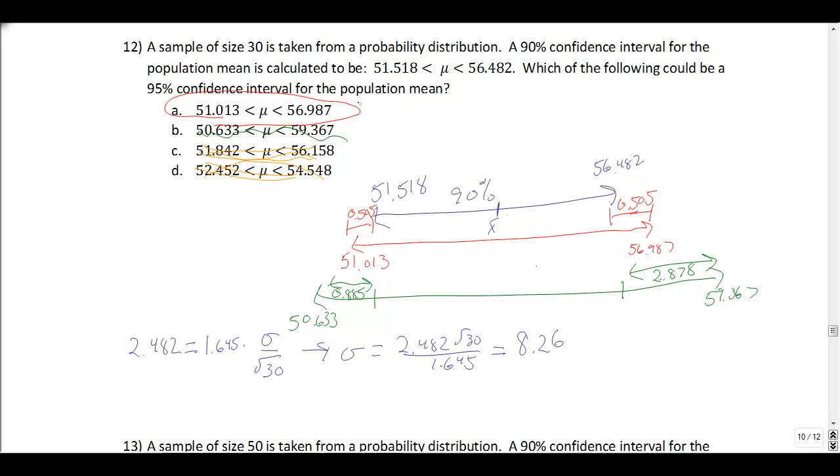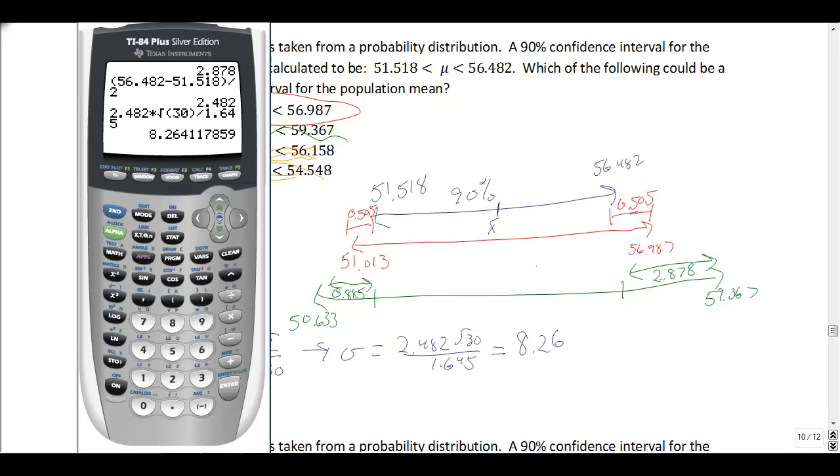And that means for a 95% confidence interval, our margin of error should be, let's see, 56.987 minus 51.013. Whoops, well, divided by 2, so I'll hit enter and then divide by 2.